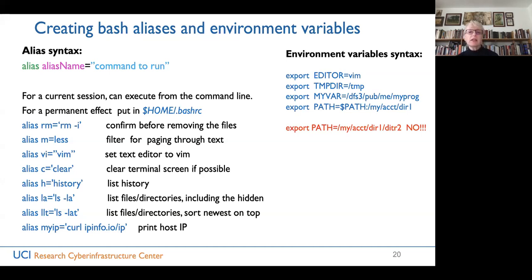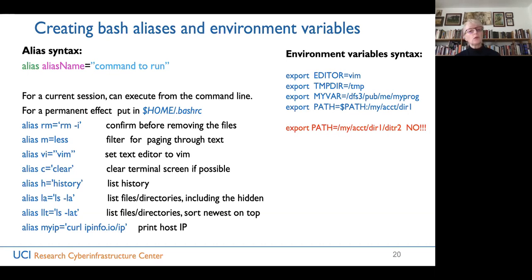The environment variable syntax is also quite simple. You have to use the word export, then the environment variable name and its value. It's key value pairs. One thing to remember here is that, for example, PATH is a special variable and it's already set for you by the system.